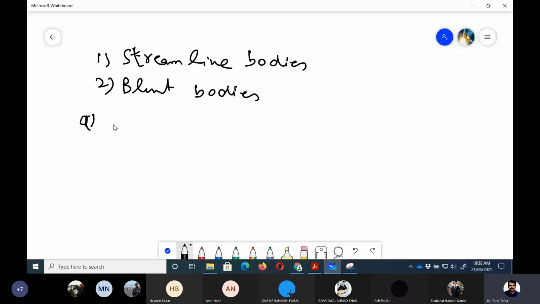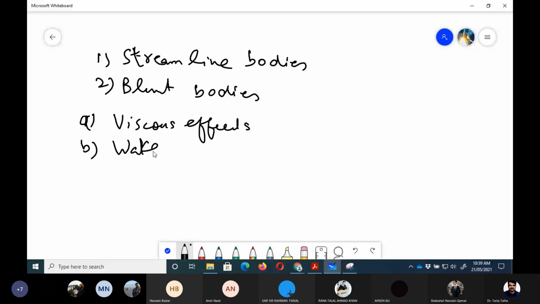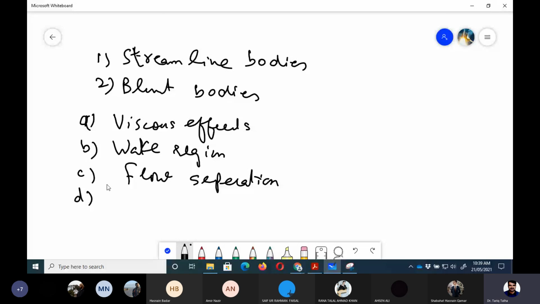One is viscous effects, then wake region, then flow separation, and the fourth one is boundary layer thickness. These are some of the important characteristics of flow when we talk about external flow.